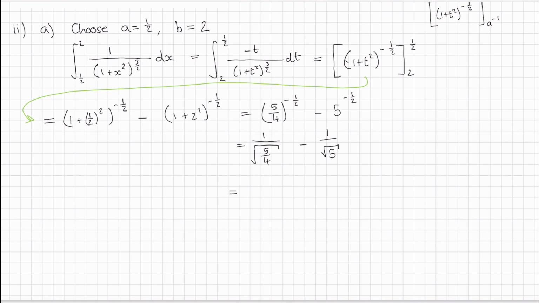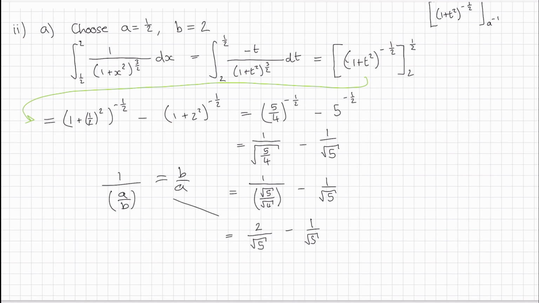Which, again, I'm going to write this out explicitly. So this can be written as the following, which means we get 2 over root 5 minus 1 over root 5.